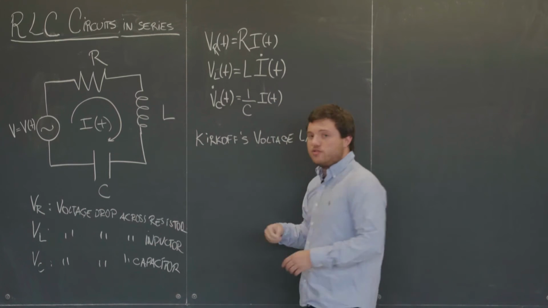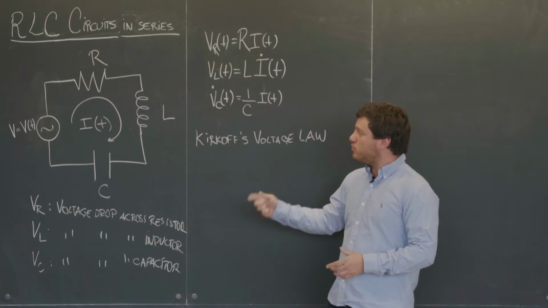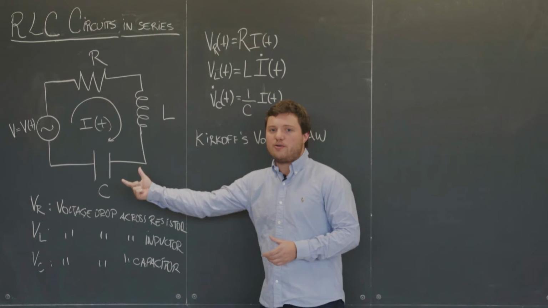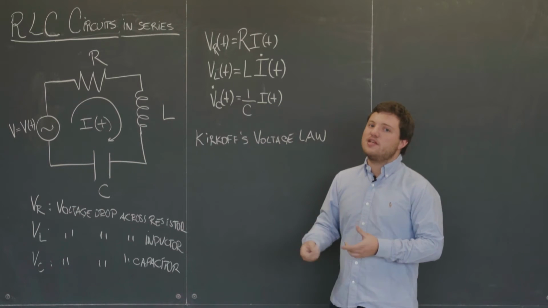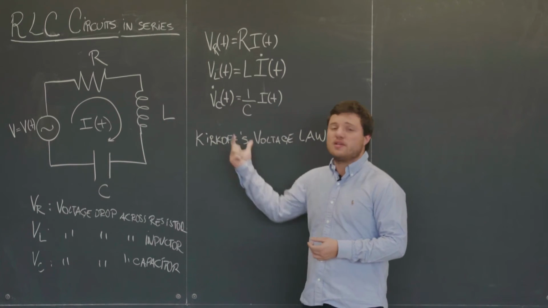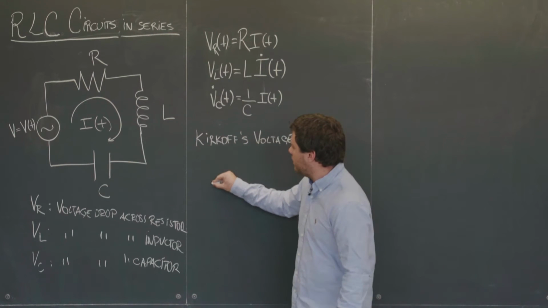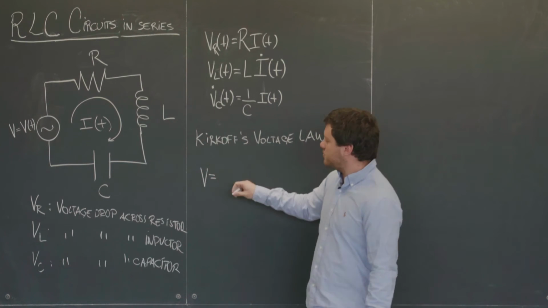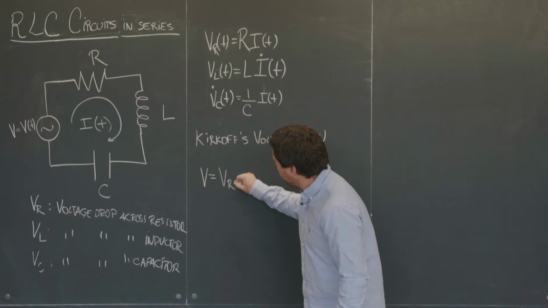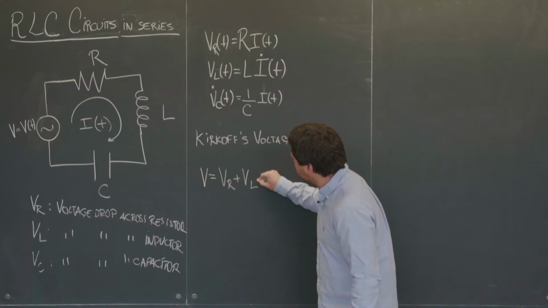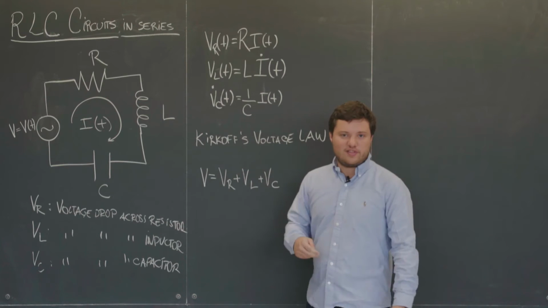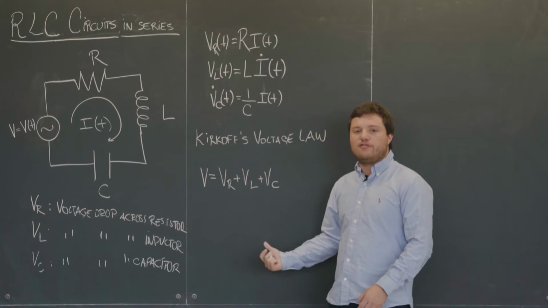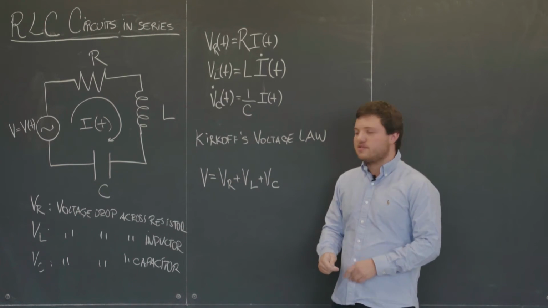So Kirchhoff's voltage law says that the voltage gain from the power source is equal to the sum of all the voltage drops across the circuit. So we have that V, our voltage gain from the power source, is equal to VR plus VL plus VC, the sum of the voltage drop across the components.